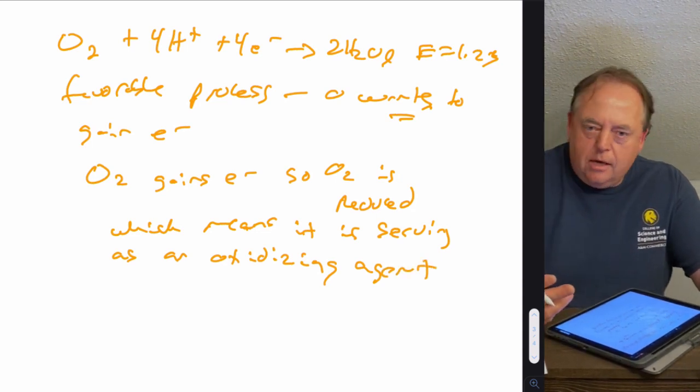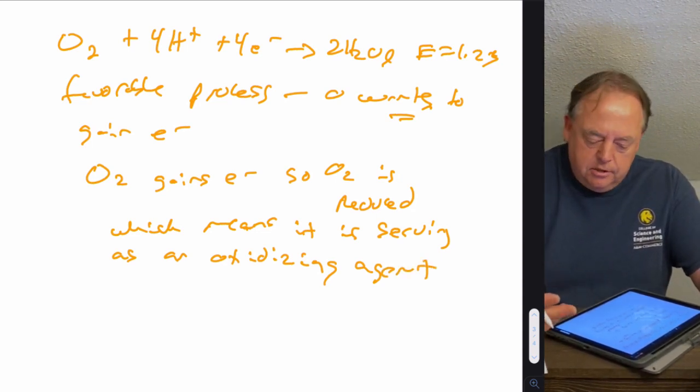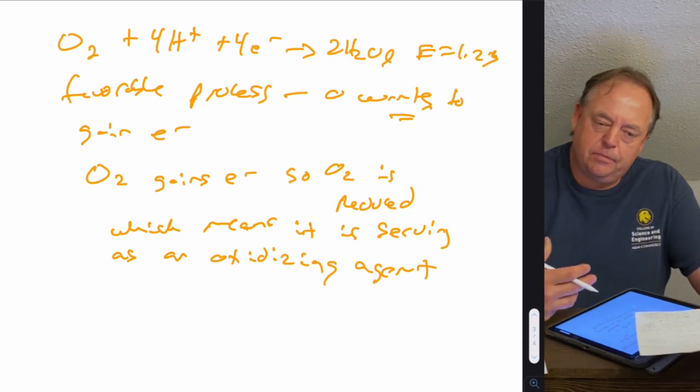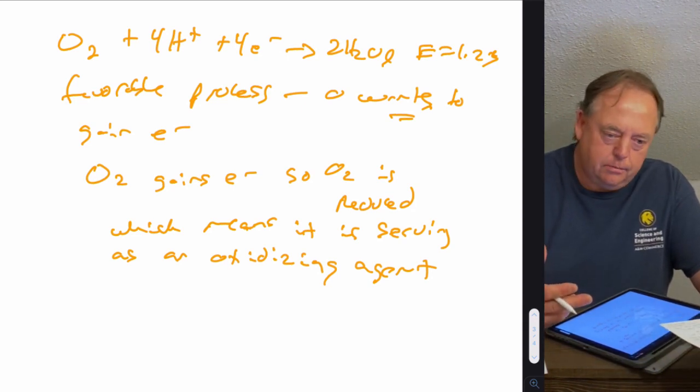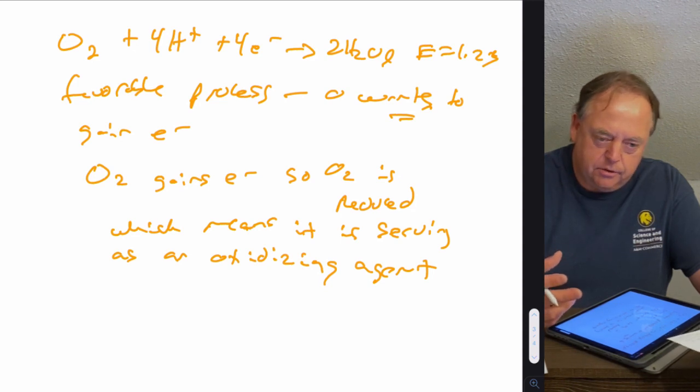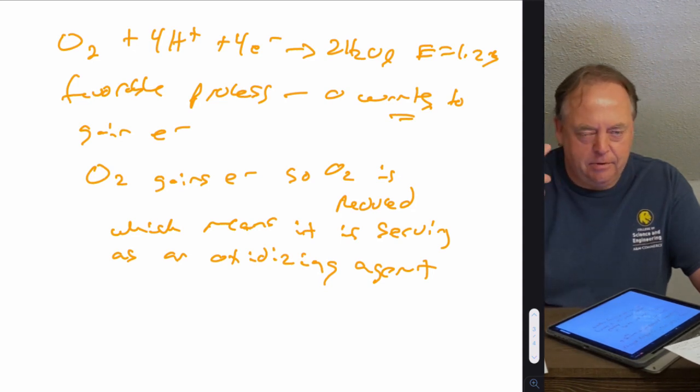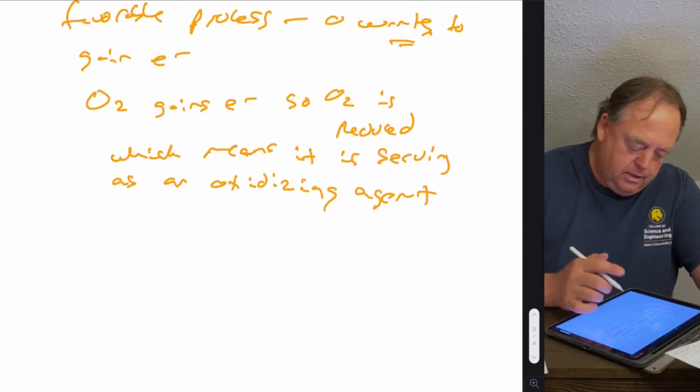All right, so O2 is a good oxidizing agent. It really wants to gain electrons, which causes the oxidation of something else, and it itself is reduced in the process. So one key to this chapter is really keeping all of that straight in your head, keeping the terminology and the language straight in your head.